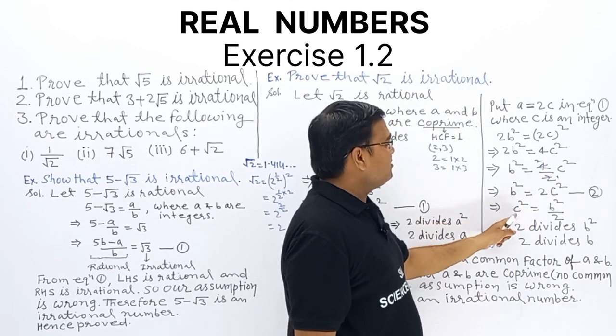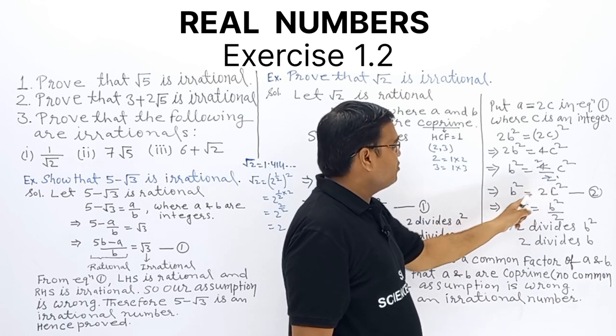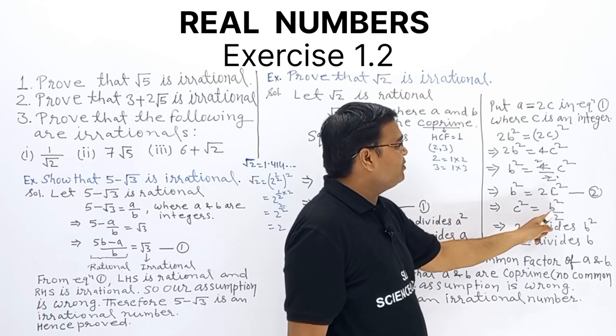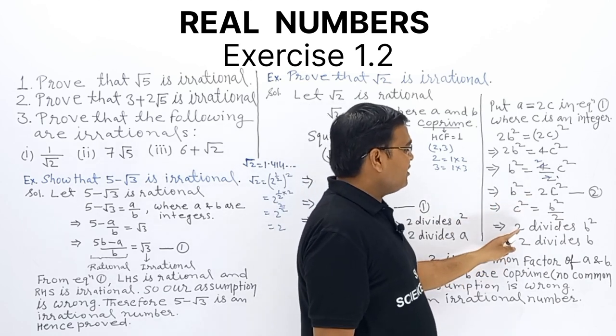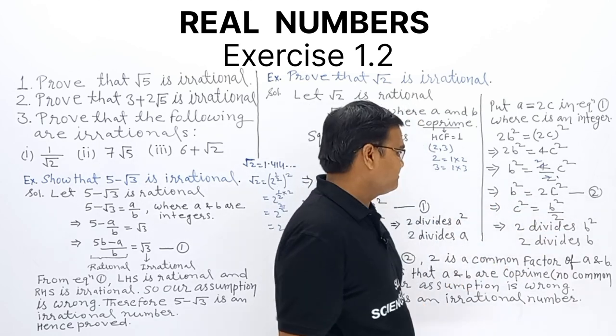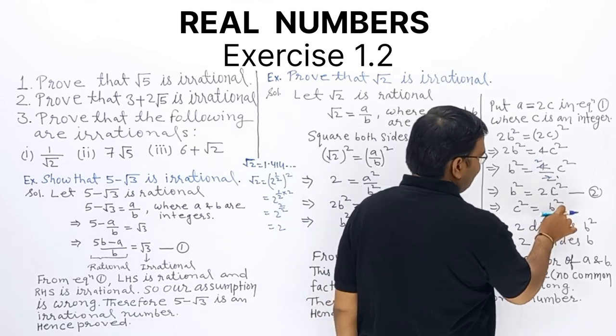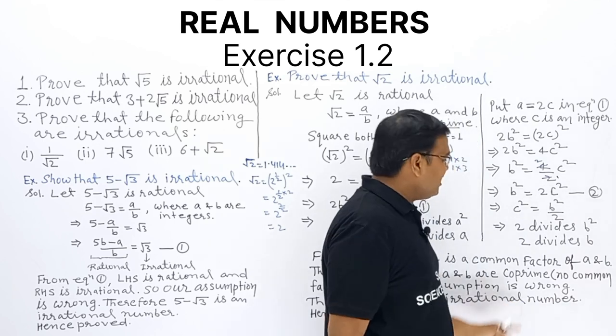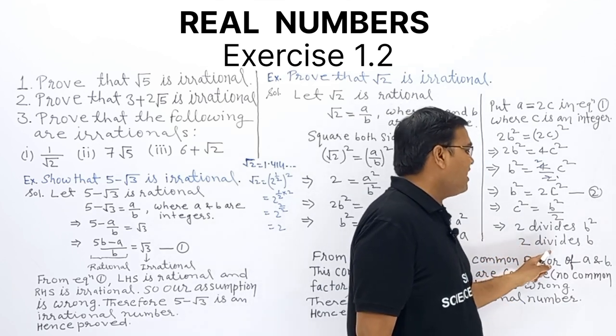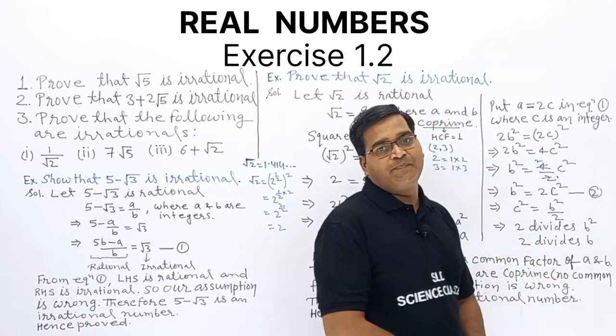So this can be written as C square equal to B square by 2. So from this equation, what can we say? 2 divides B square. A prime number 2 is dividing this, so automatically we can say 2 will divide B also.